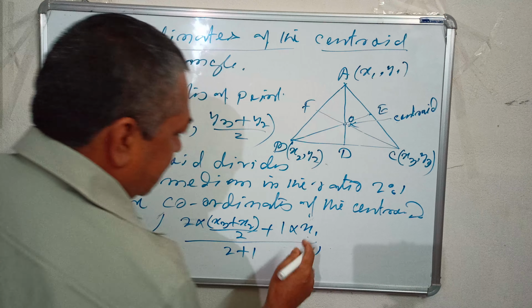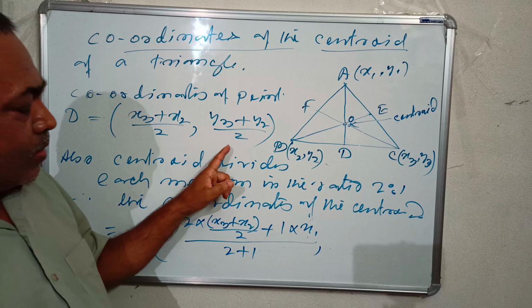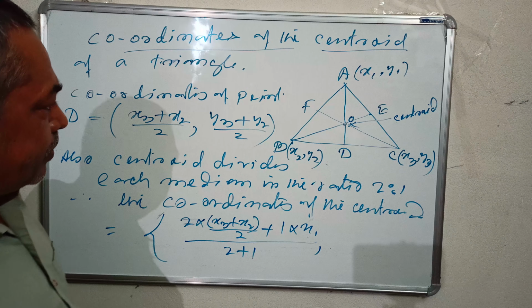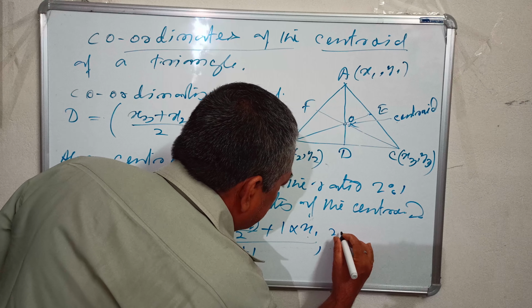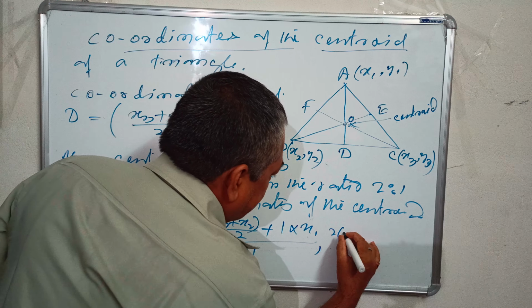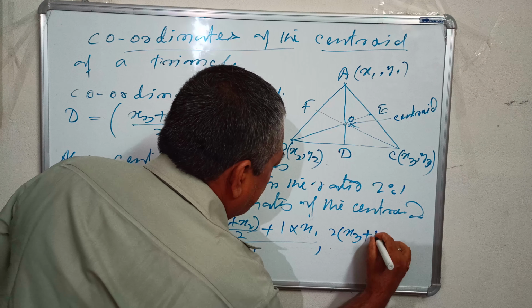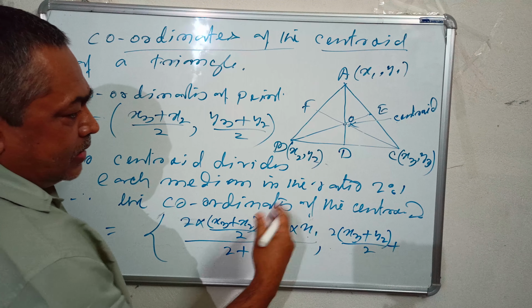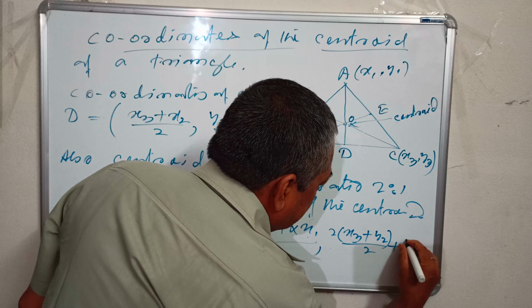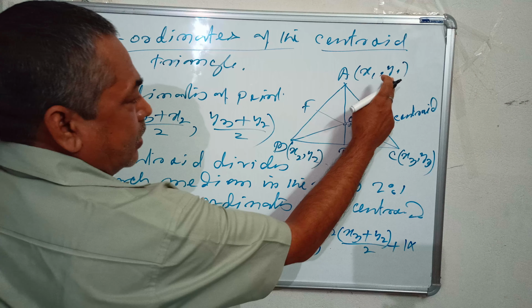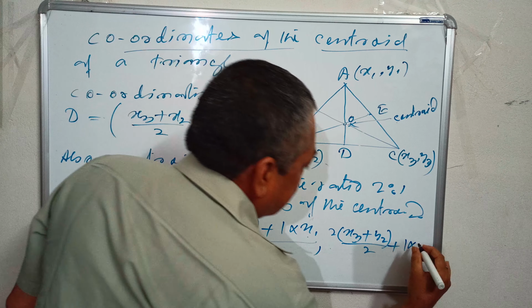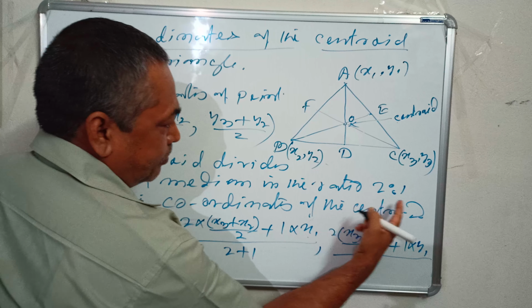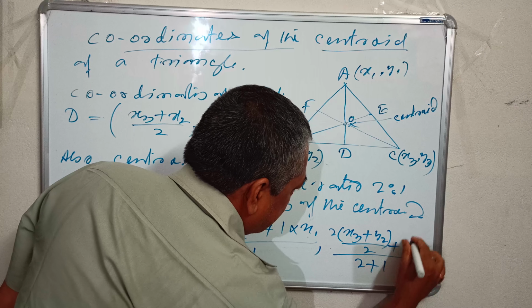Similarly for y, (m y2 plus n y1) divided by (m plus n). So again 2 into (y3 plus y2) divided by 2, plus 1 into y1, divided by m plus n, that is 2 plus 1.